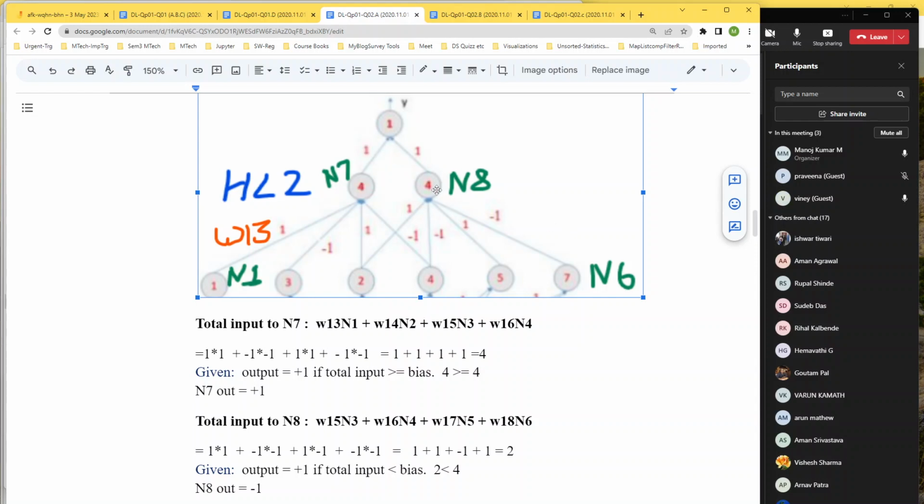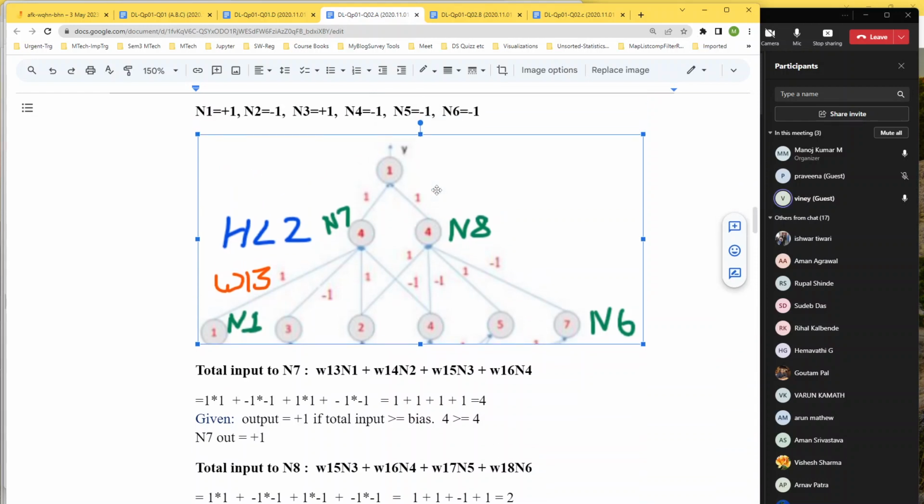Here N8 is 1 or -1? The output has to be +1. Total input to N8 is plus 1, everything else is minus.